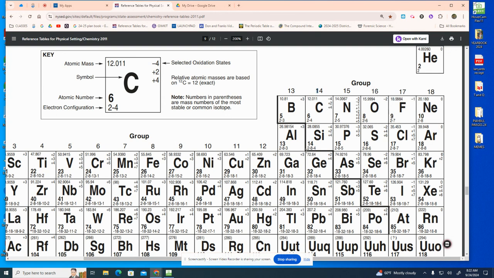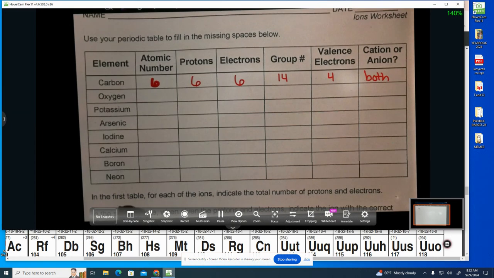It's kind of confused. It has 4 valence electrons. It doesn't know whether it should lose them or gain some more, so it could go either way. What's the most common thing that it does? It forms a -4, which means it's going to gain 4 electrons.